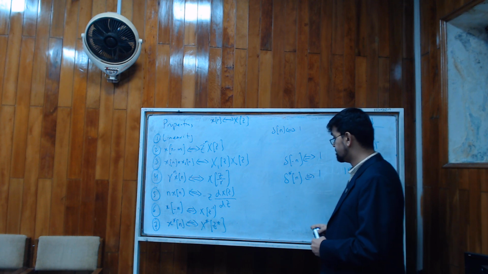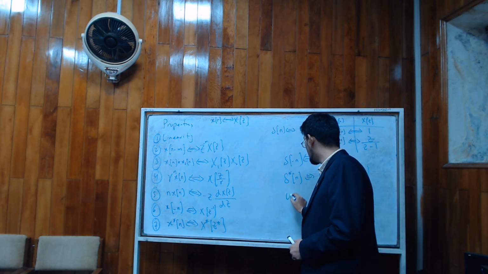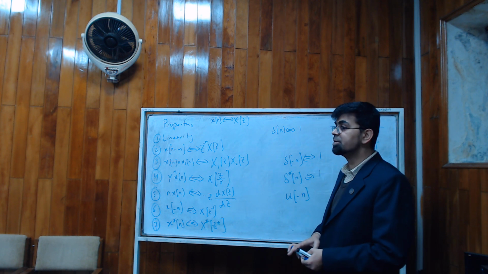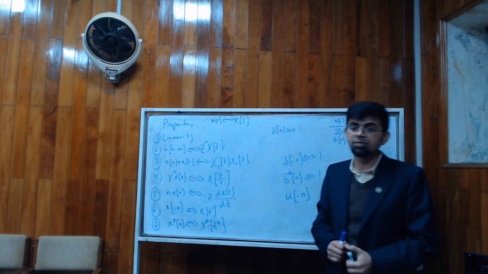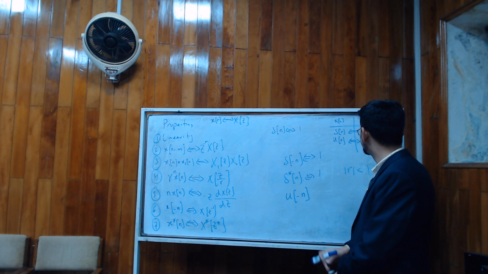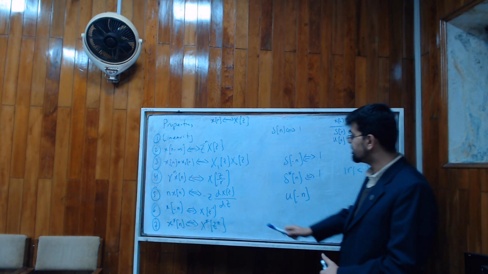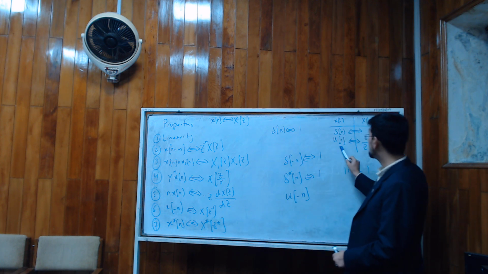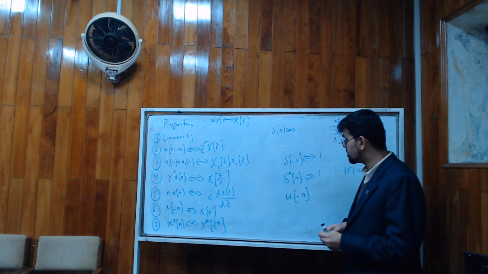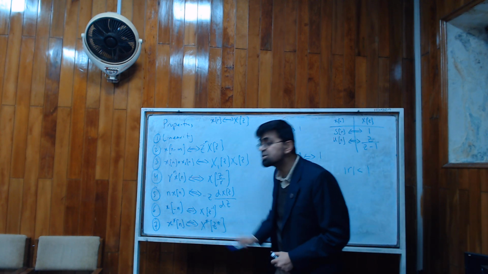Now another, not really a trick question: what would u[-n] be? The Z transform of u[-n]. Z minus 1 by z. Undefined. Right, so what happens? u[n] has z over z minus 1. We are saying if you flip in time, then there is replacement by z inverse.